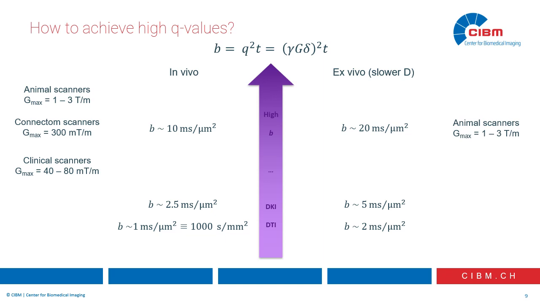On the ex vivo side, of course, again, animal scanners, and if you really have extreme dedicated experiments, you can use vertical systems or dedicated gradient systems that create a very strong gradient up to 10 Tesla per meter, but over a very small volume. So this would be for something in vitro, for example.